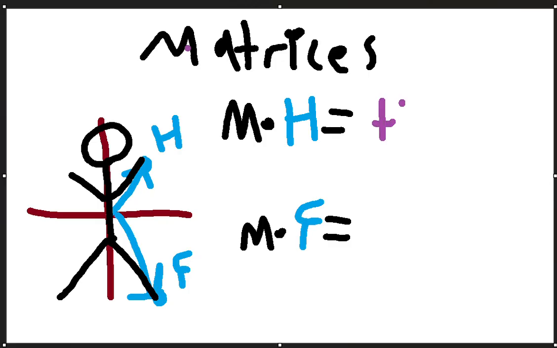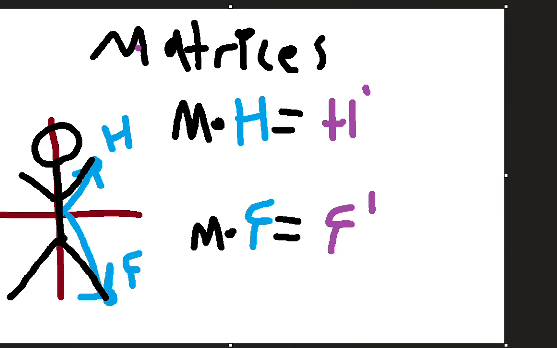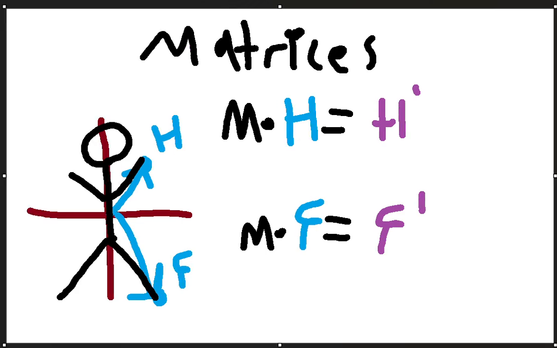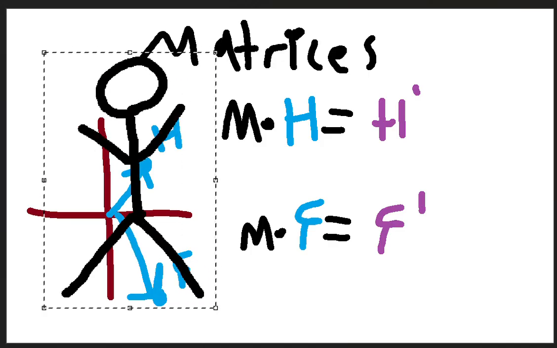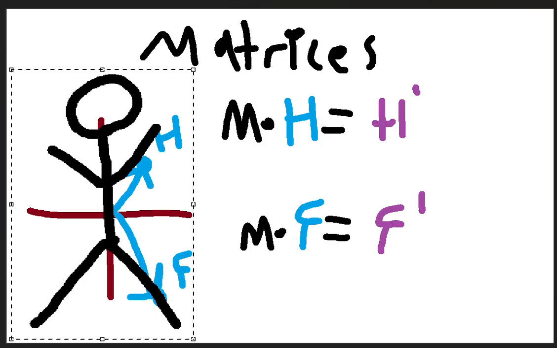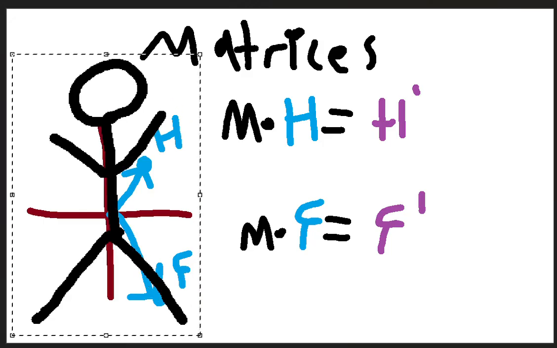We'll call them H prime and F prime. And I'm going to show this right now. So if I go into our selection tool and I select our stick figure, we can make him bigger. But I better move him into somewhat the same location.